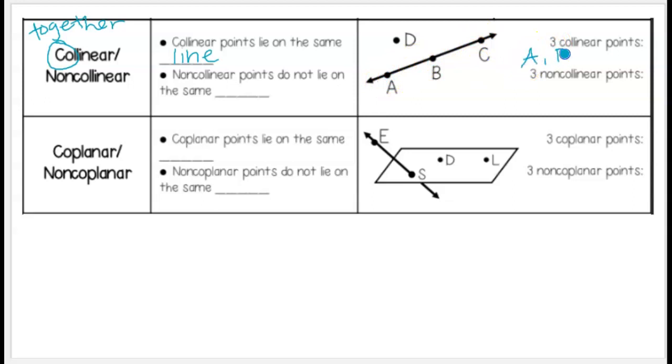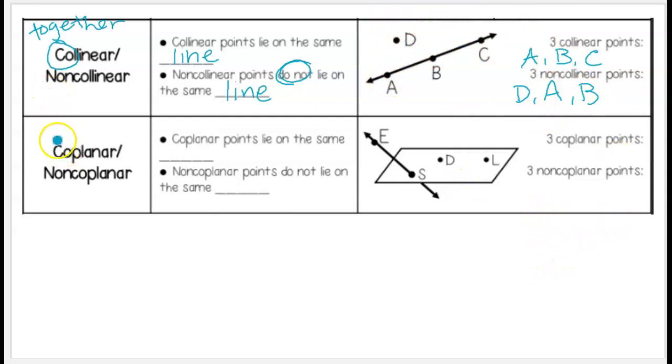That is point A, point B, and point C. Now non-collinear points do not lie on the same line. 2 of them can. Notice we only have 1 point off the line here and then 2 that are on. But as a collective, they are non-collinear. So that would be points D, A, and B, or D, A, and C, any 3 points that includes point D.